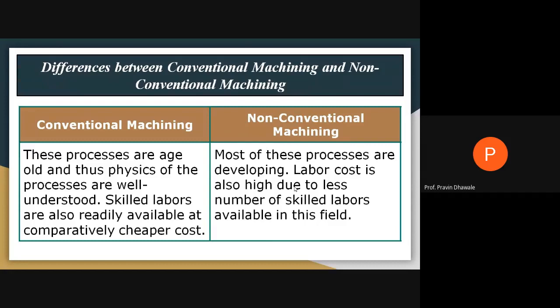As we know, there are many operators working on a conventional lathe, right? These are semi-skilled or skilled operators, and they are easily available at minimum wages, right? In case of conventional machining, if you are considering CNC machining, then CNC programmer and CNC operator are two different positions, right?